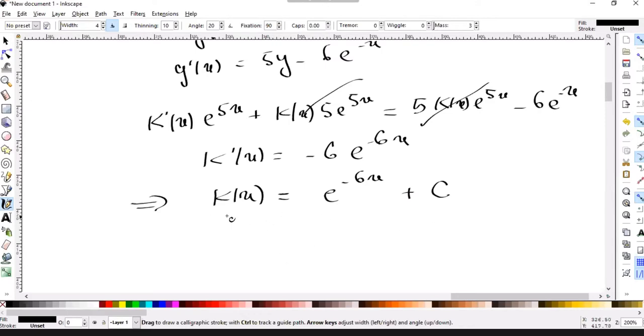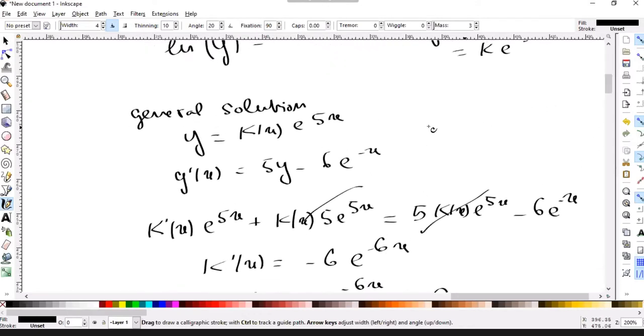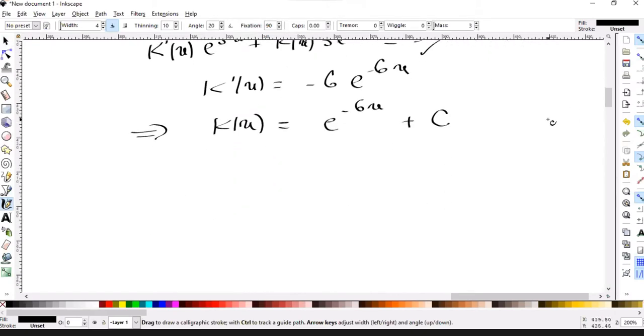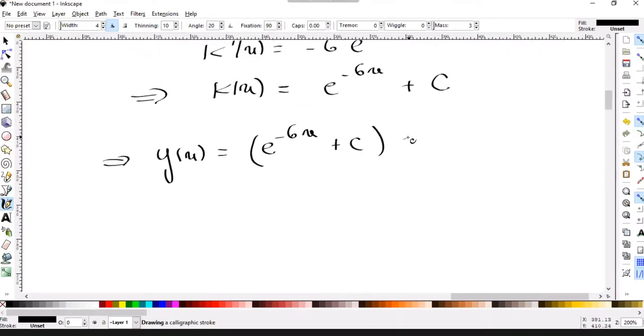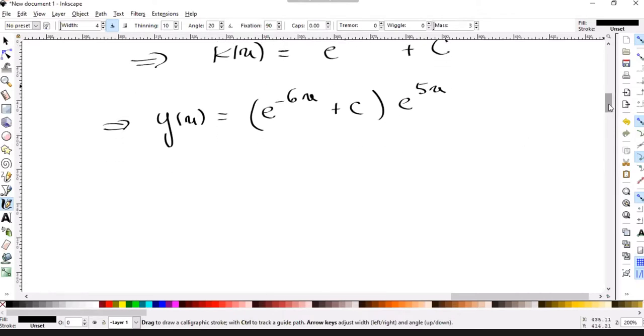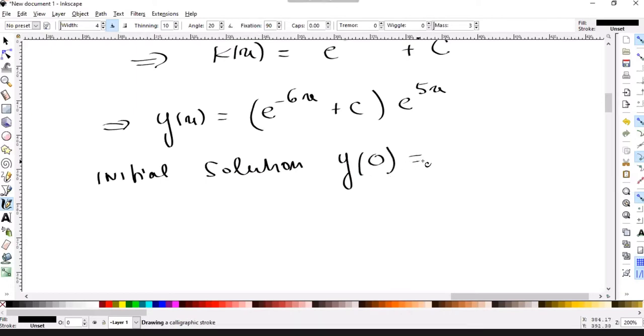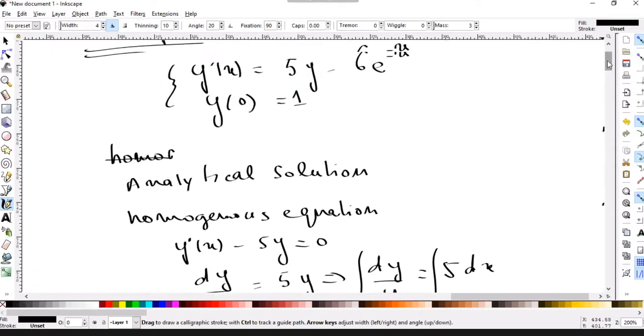Now you replace this k of x into your solution here, so y of x, and you apply the initial condition. So y of x is equal to exponential minus 6x plus c, okay, exponential 5x. All right. And now applying the initial condition, y of 0 is equal to 1, right? This is the initial condition.